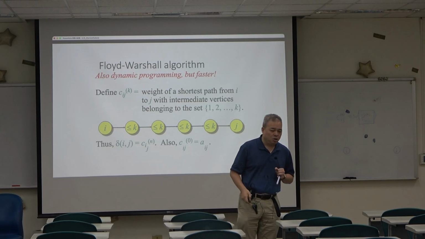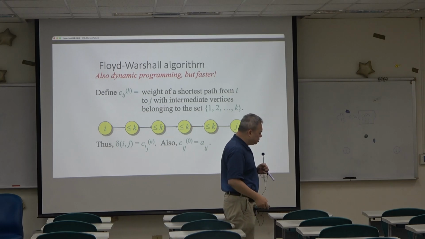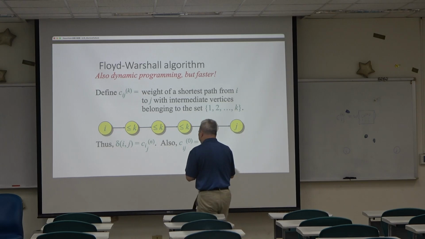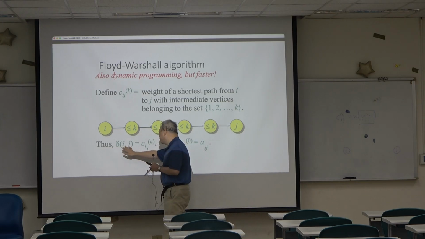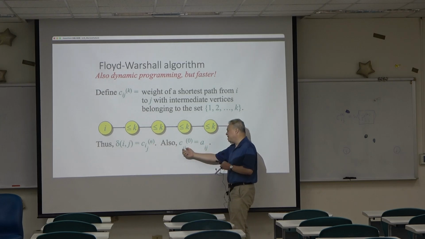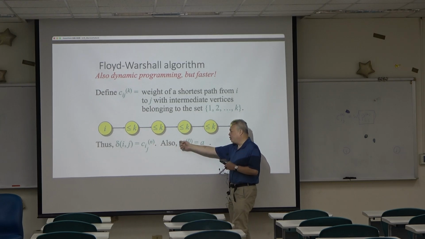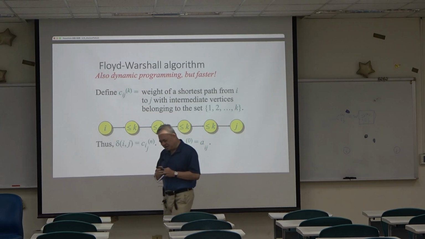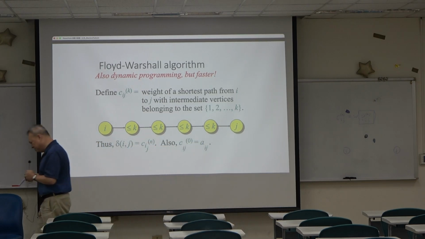So this is nice. We have the boundary condition. We have what we want to compute as a goal. The goal is delta ij, which will be Cij n, and the boundary condition will be Cij 0, which we already know is Aij.